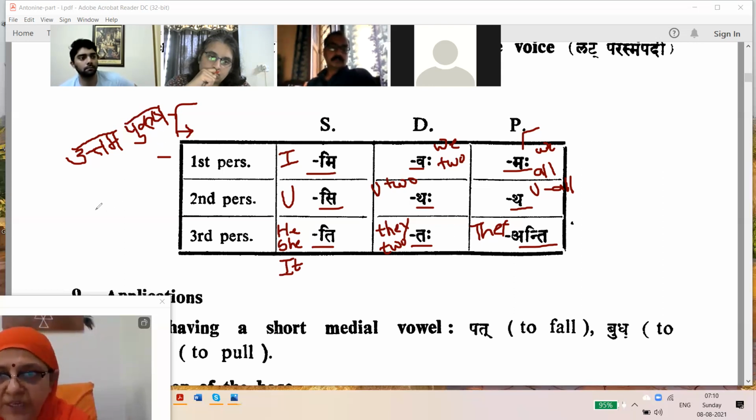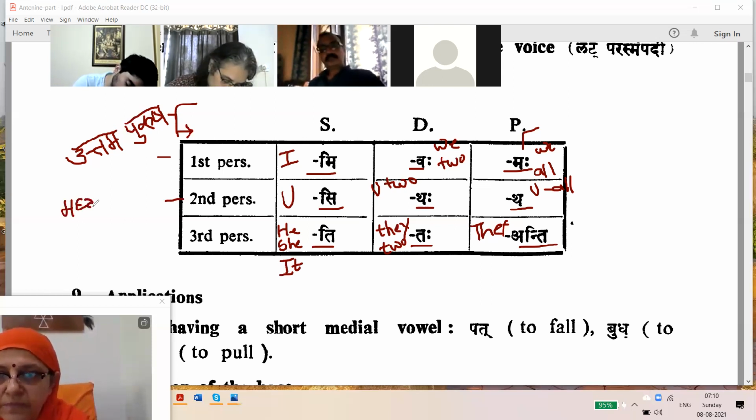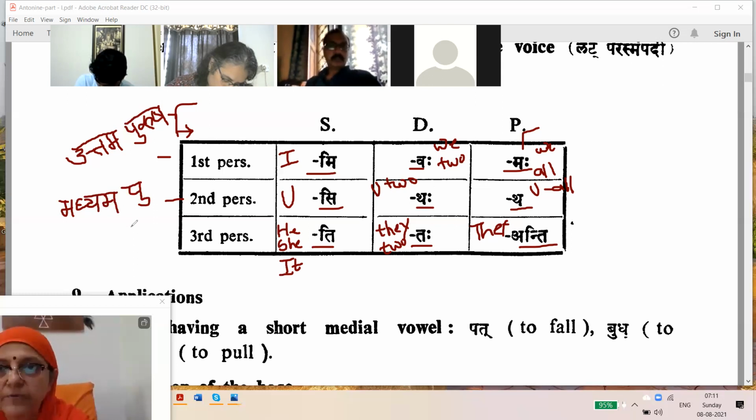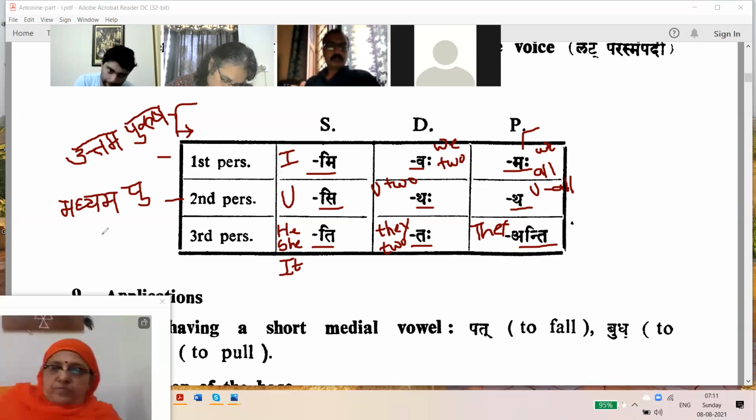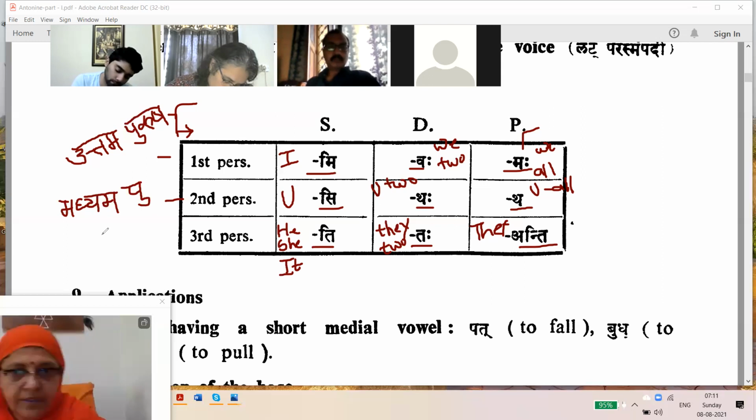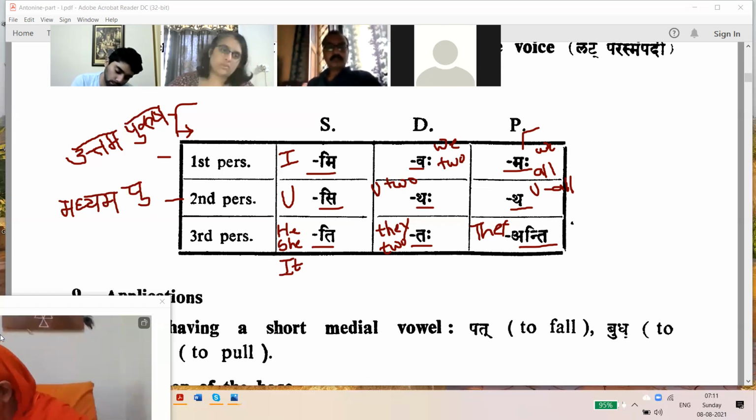So Uttama Purusha, and second is called Madhyama Purusha. That is only two. And what is called the third person?